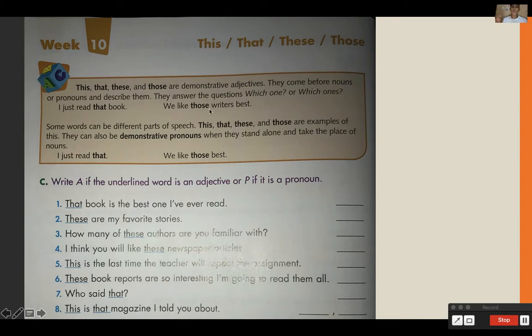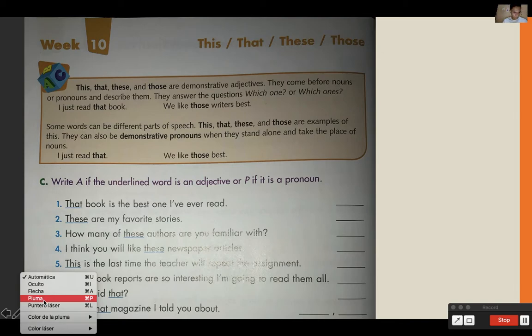We like those readers best, okay? Demonstrative, okay? They answer the question which one, cuál, or which ones, cuáles. ¿Okay? Siempre van antes de un sustantivo o de un pronombre, miren, y lo describen.